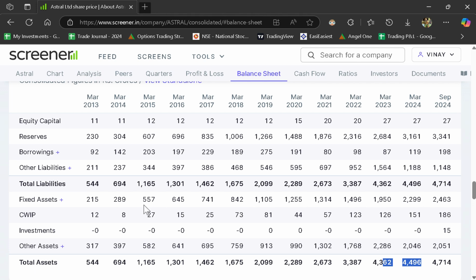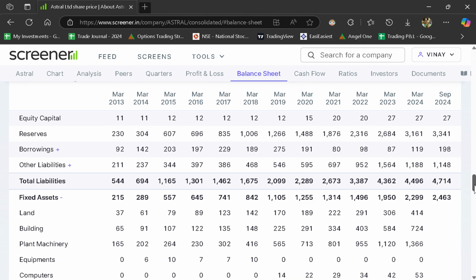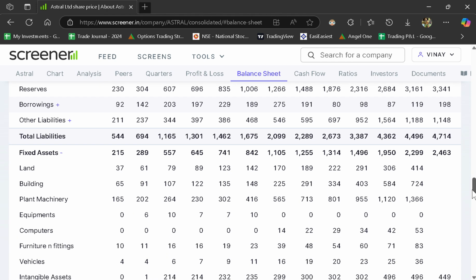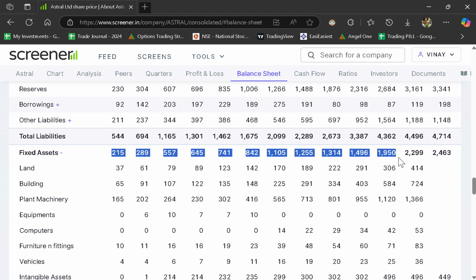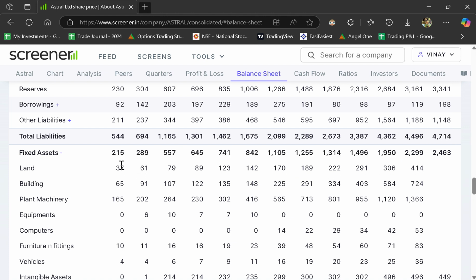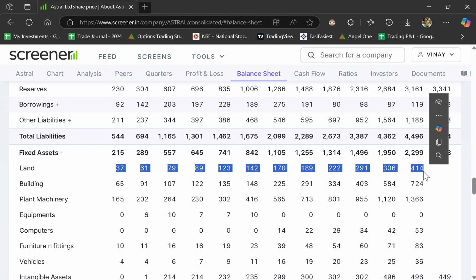Now let's see what assets it has. So fixed assets, it may be in the form of machinery, it may be in the form of factory, land, and other machineries. So this is increasing. Again, the land also they are buying for various purposes.